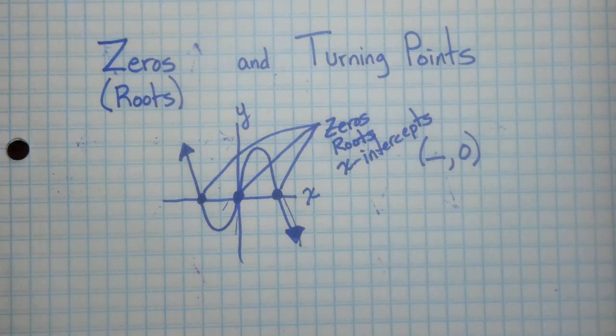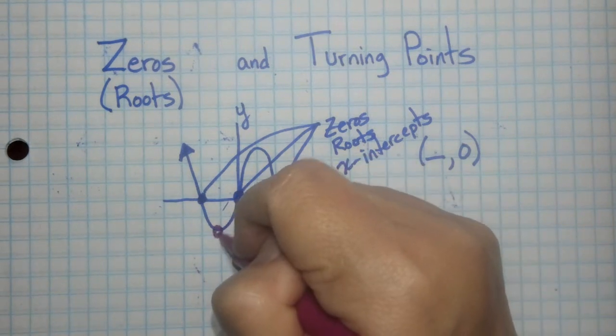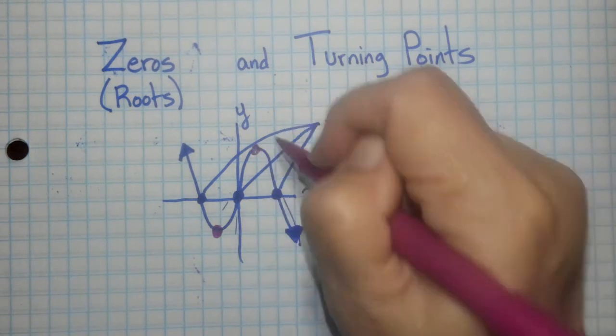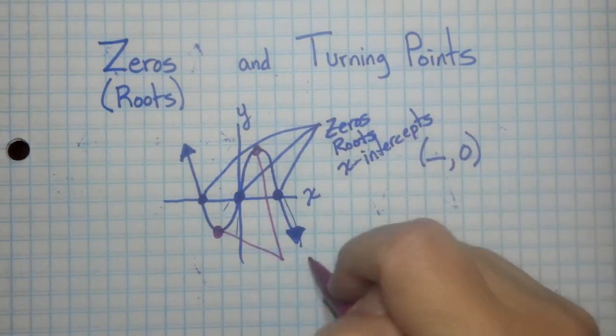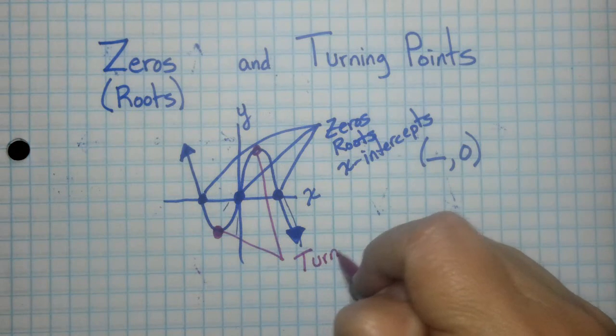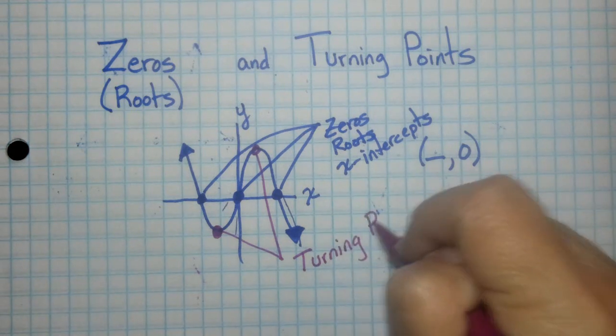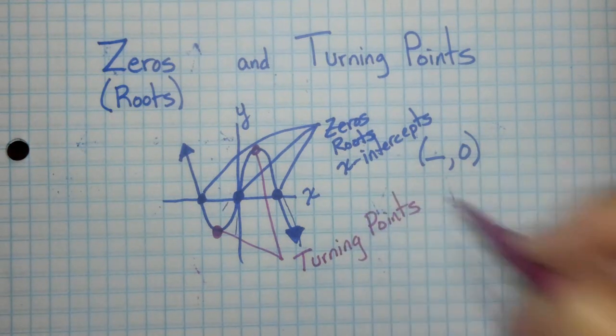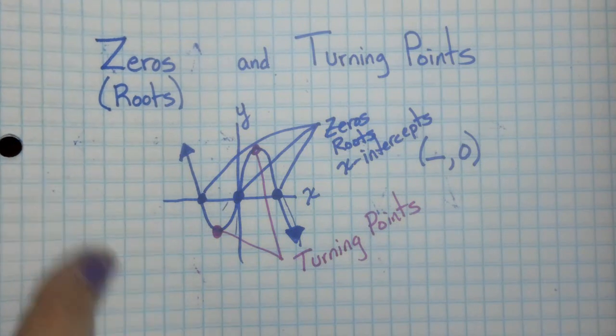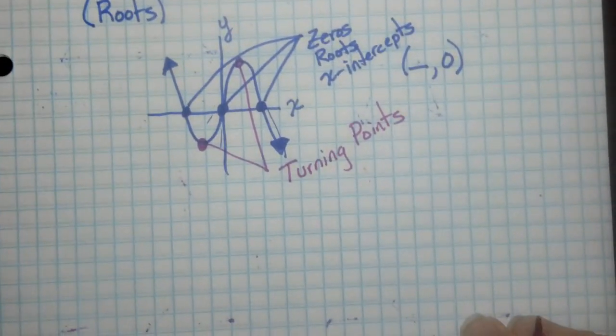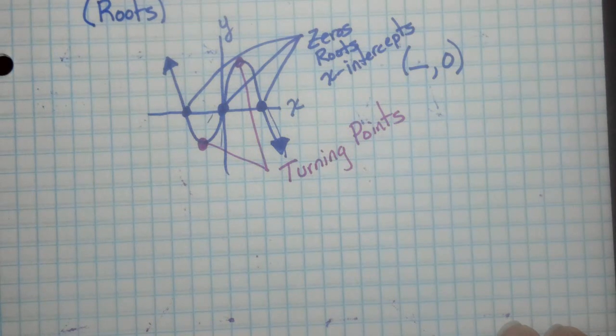All right, so now what about turning points? This graph has 2 turning points. One is here, and one is here. These are called turning points. This is one of those nice times when the label means exactly what it sounds like it means.